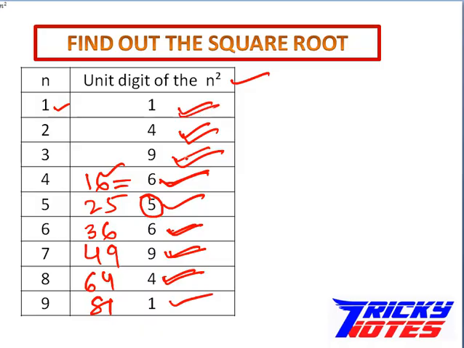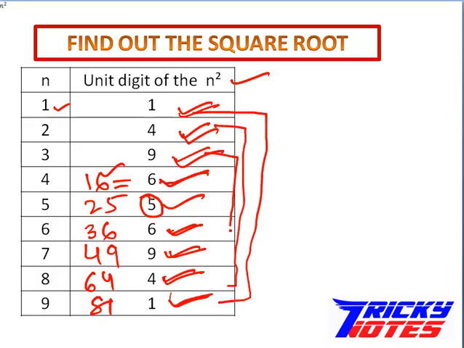For 1 it is 1, and again for the last, 9, it is 1. So this is paired with this, this with this, and 5 is the middle one. Like this you can remember the unit digits of the squares of the numbers from 1 to 9. Now if you remember this, we will come to the questions.